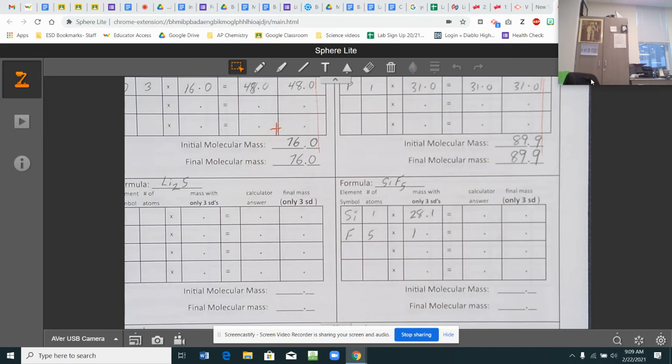What's the fourth one? 08. So, let's do the same. Yes. The third one, 28 is 0.9. Okay, mass of your fluorine is incorrect. I just realized that. 0.9.